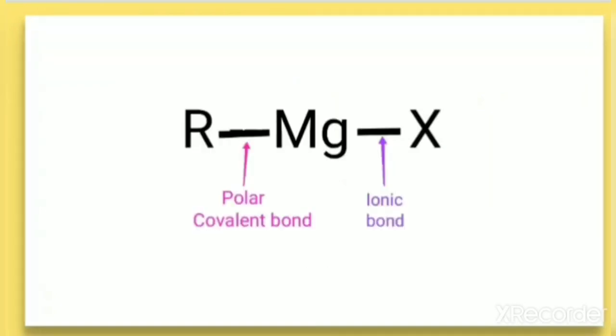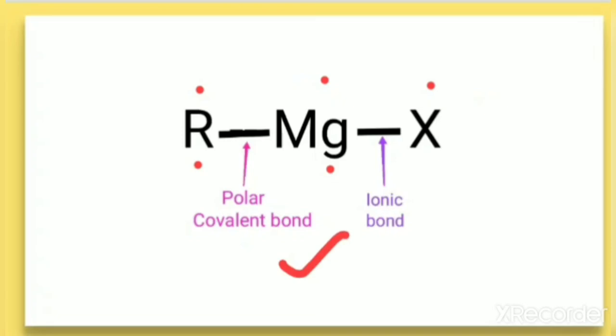Grignard reagent is represented by RMgX, where R is the alkyl group, Mg is the metal, and X is the halogen. Here there is a special type of bonding. In this, between the carbon of the alkyl group and the magnesium there is a polar covalent bond.